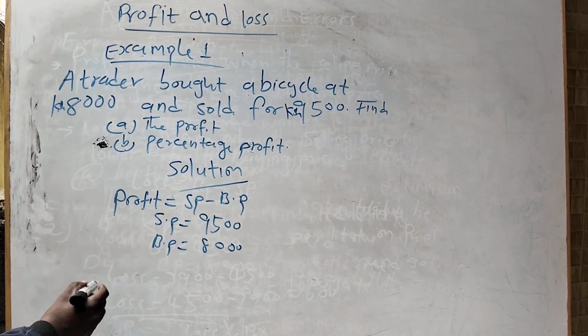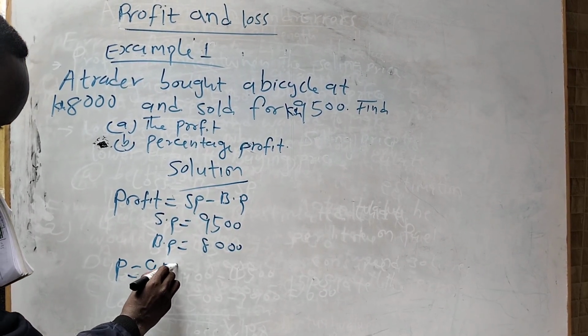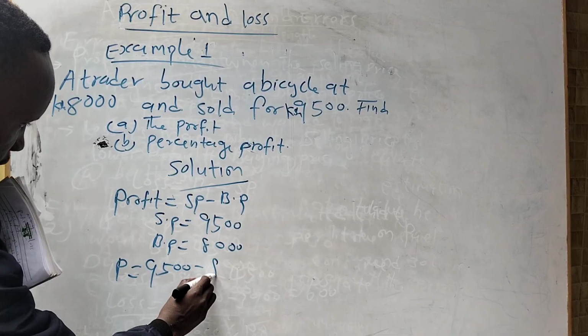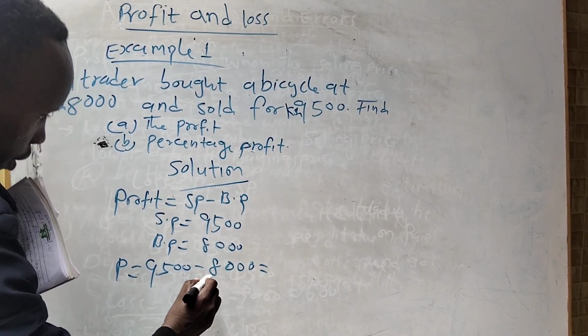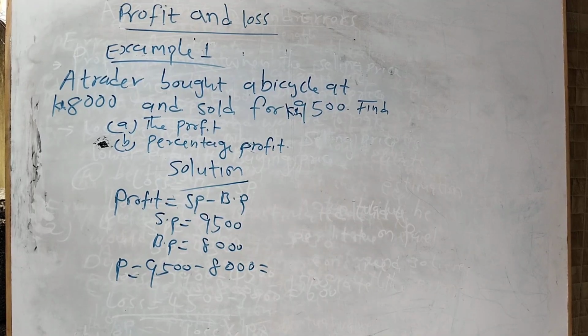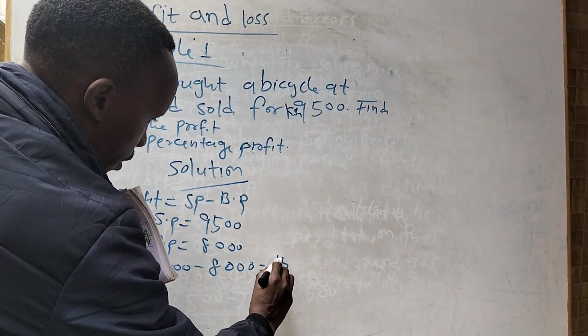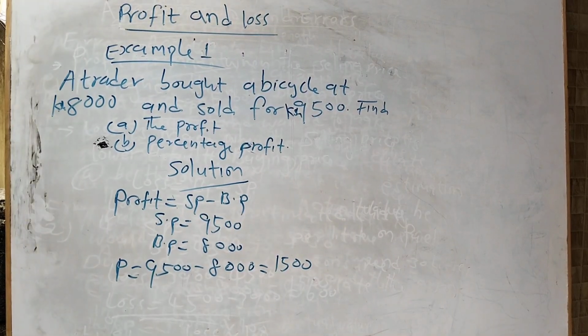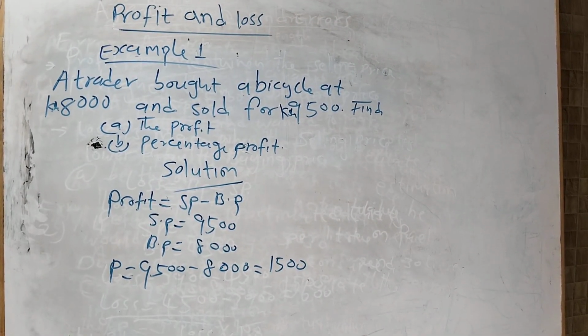So to find the profit using the formula, profit is equals to 9,500 minus 8,000. What could be your answer? Quickly in the comment section, what is the answer? Okay, the answer is 1,500 Kenya shillings. That is the profit the trader made.